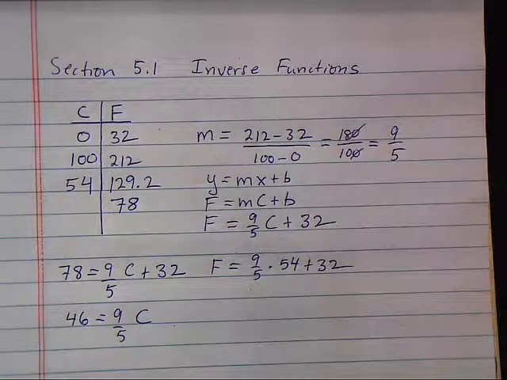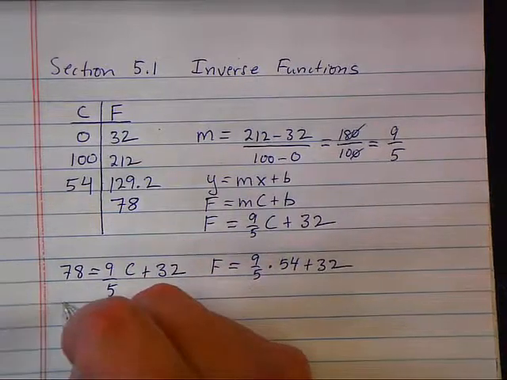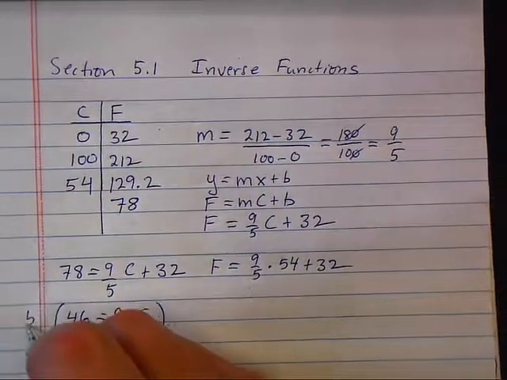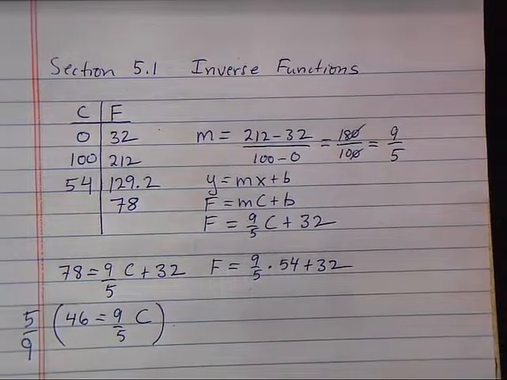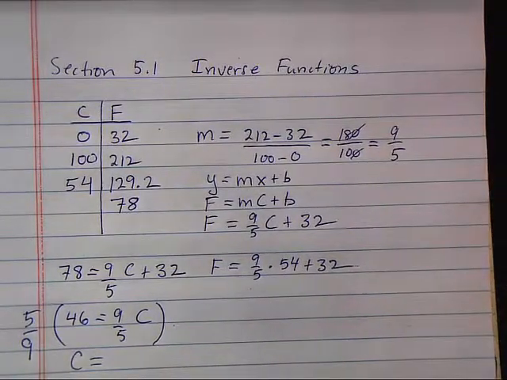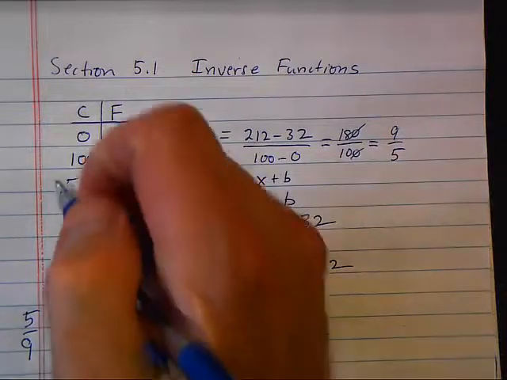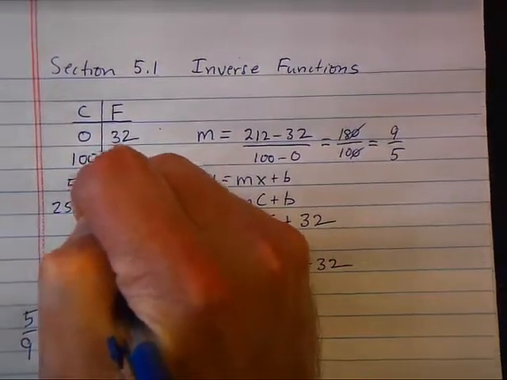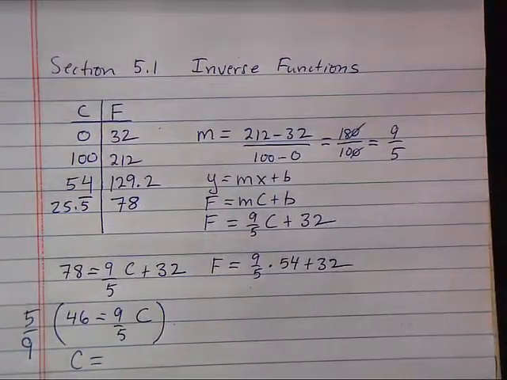Divide by 9/5. How do you divide by 9/5? How do you divide by a fraction? Flip and multiply. So I'm not going to divide by 9/5. I'm going to multiply by 5/9. I'm just going to flip and multiply. So the answer would be C is 5/9 times 46. 25.5 bar degrees.